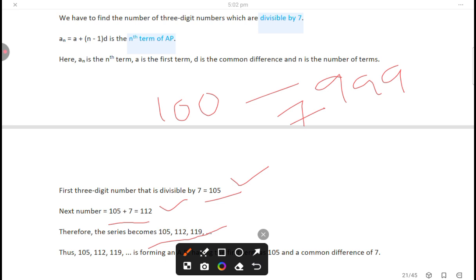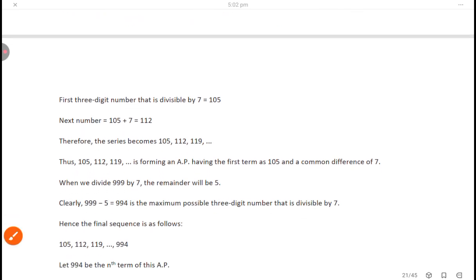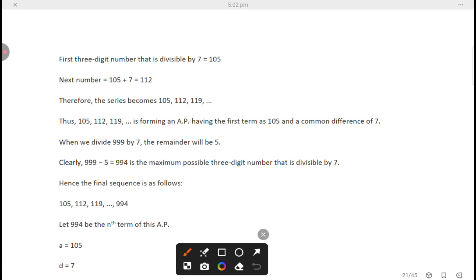So you know a and you know the common difference. So you have to find the last number. When you divide 999 by 7, you will get the remainder 5.